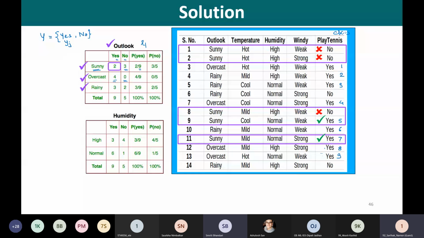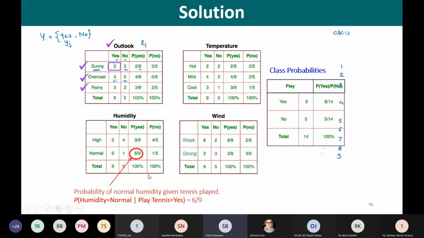Yes, ma'am. Fine. So by making use of the same training data set, we have computed all those probabilities for the 4 different attributes that we have. Let me explain once again, for example, for the humidity attribute, we have the value normal, and for the probability of yes for this humidity value normal, we have computed the value as 6 divided by 9.